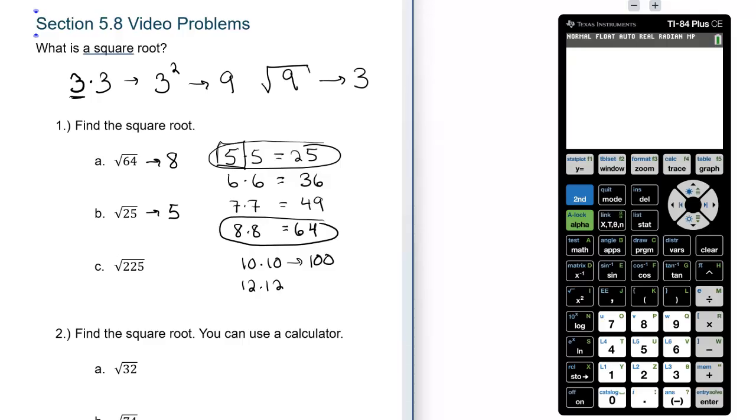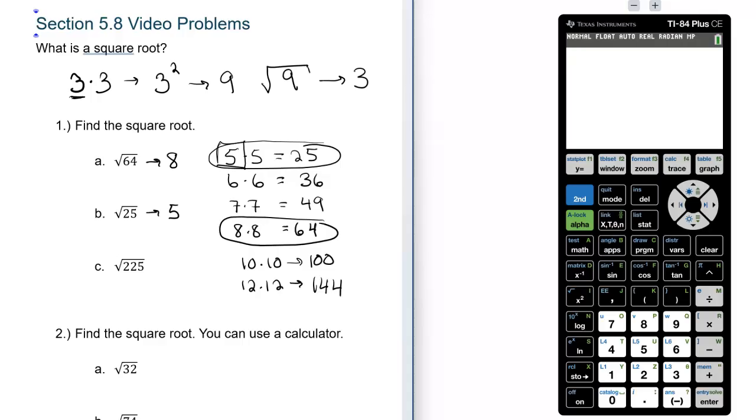Now, a cautionary note on that is when I wasn't feeling very comfortable with my perfect squares, I would sometimes jump right over the number I needed. So if you're really not secure on your perfect squares, I would suggest for now just doing all of them. It certainly doesn't hurt. And again, it's up to 15 times 15 that you really want to be comfortable with.